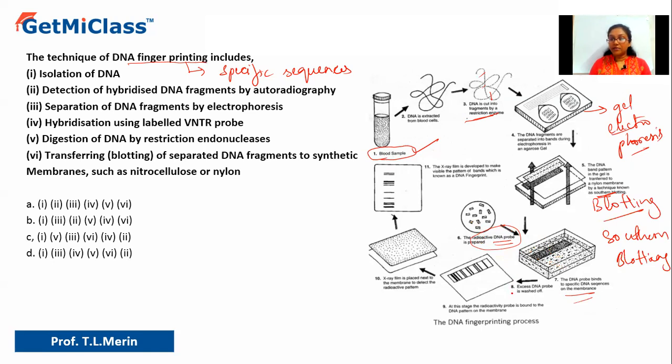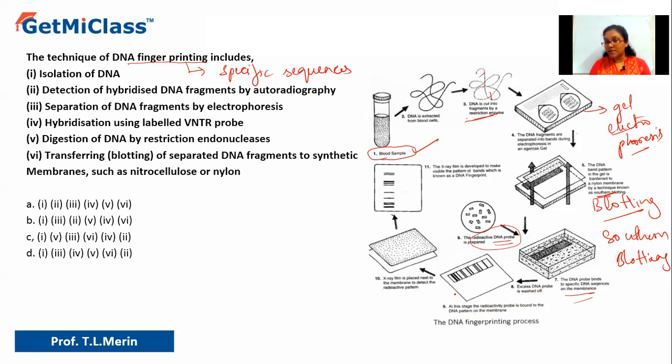And further, what happens? Then they take that sheet and wash it, so as to remove any excess probe, and the radioactive probe remains bound to the DNA pattern on the membrane.